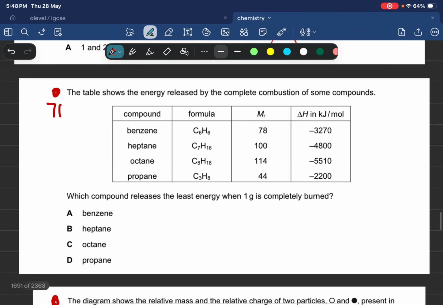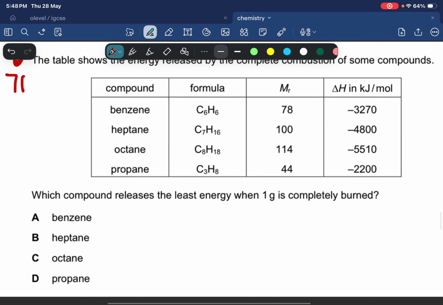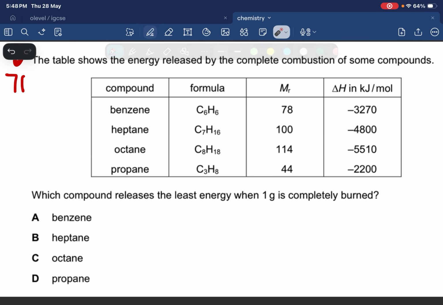Next, the table shows the energy released by the complete combustion of some compounds. Which compound releases the least energy when 1 gram is combusted? Now you need to realize the MR equals the mass of 1 mole.